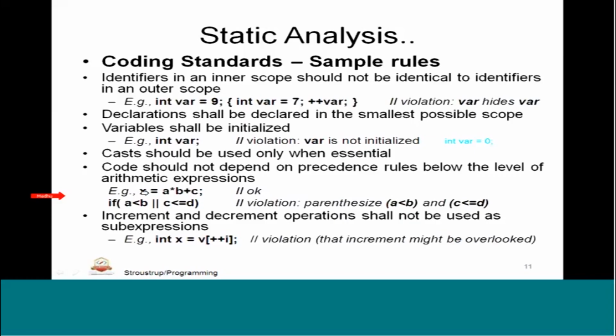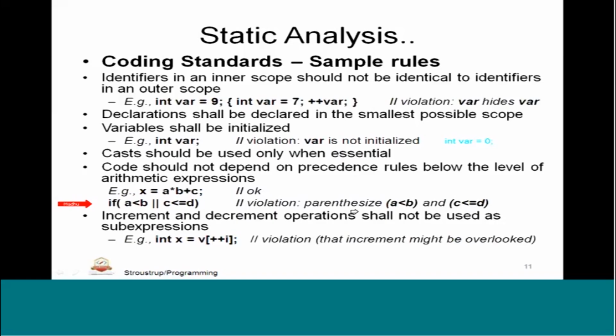Here, for example, x equals a star b plus c. Multiplication has precedence, followed by plus. If b plus c happened first and then a was multiplied, that is not the way. So in this case, you see it is ambiguous and precedence is violated.